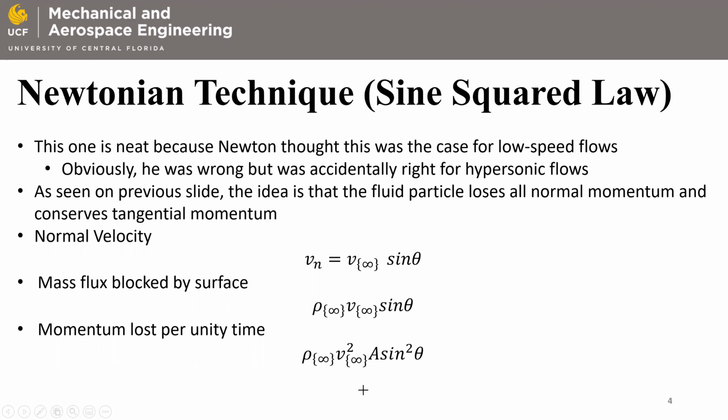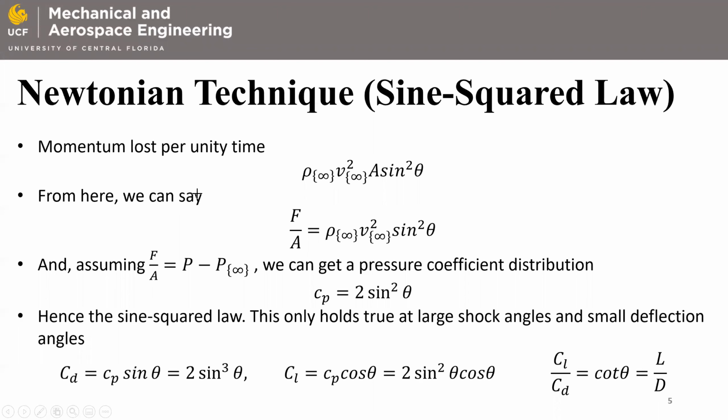If you take this momentum loss per unit time and say that's equivalent to your force, and then move the area to the other side, you can say that that's your pressure distribution, sort of. From there, you can get your pressure coefficient distribution as well, and you get Cp equals 2 sine squared theta, which is why it's called the sine squared law.